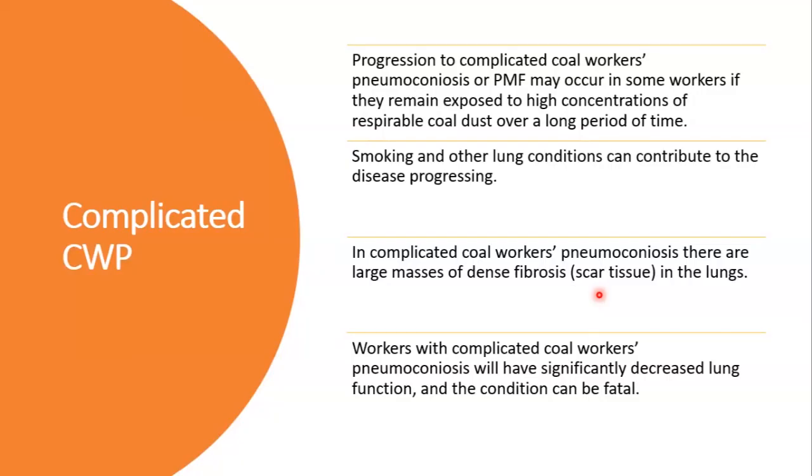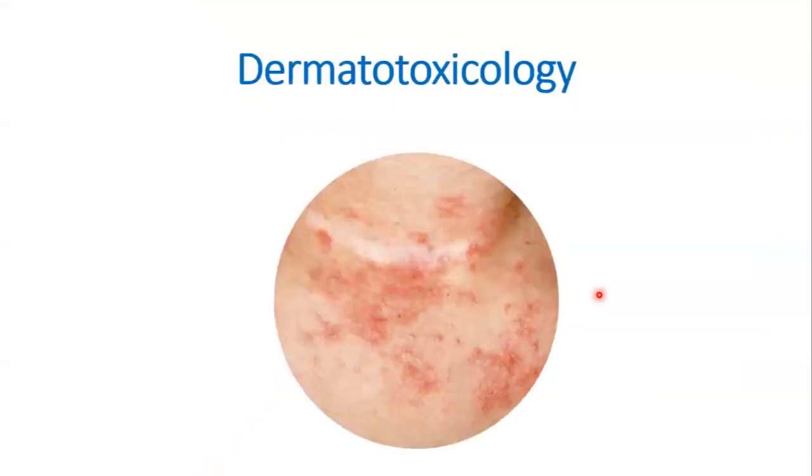And then you can find large masses of dense fibrous tissue in the lungs. And certainly people who have the complicated form will have significantly decreased lung function. And this condition can be fatal, right?